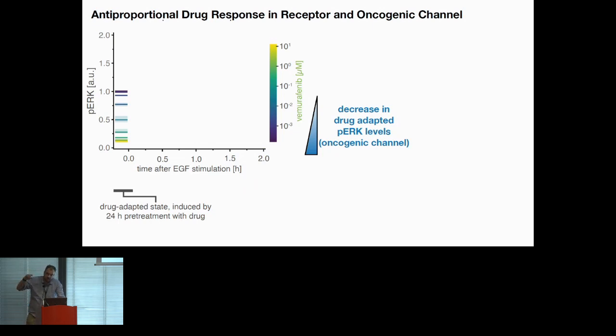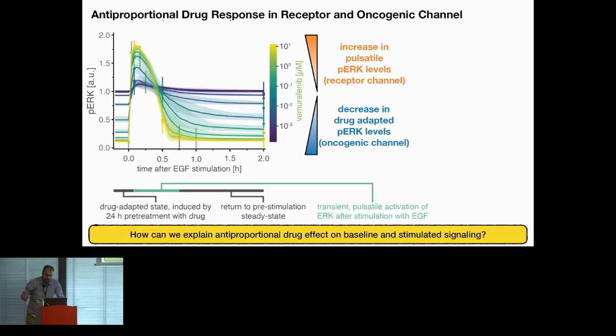What you see is if you increase the drug concentration, which is indicated by different colors, you decrease the phospho-ERK levels. This is what you expect. But if you then stimulate these cells with EGF, you see a pulsatile reactivation on a time scale of about half an hour to an hour, where the amplitude of these pulses actually increases with increasing drug concentrations. So the question is now, how can we explain this anti-proportional behavior that we saw both in these bulk experiments as well as the single cell experiments on the previous slide?